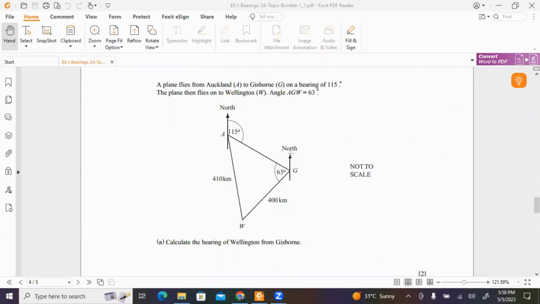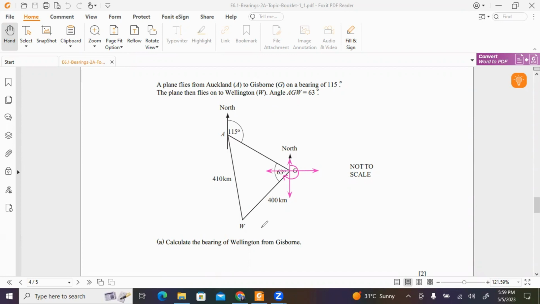Obviously, we draw our compass over here and start measuring from the north, clockwise direction. And this is our bearing that we need to find.